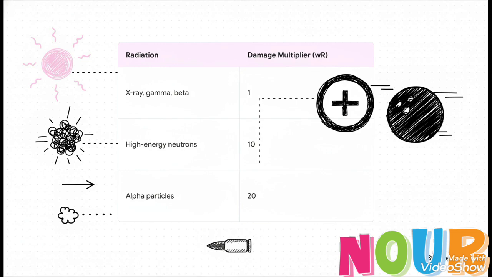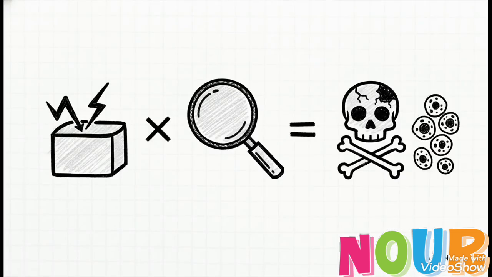Even if they have the same energy, the impact is going to be very, very different. And the good news is, the math is super simple. You just take the physical dose in grays, multiply it by that damage factor for whatever type of radiation you're dealing with, and boom, you get the biological risk in sieverts. This one simple step puts all the different types of radiation on a level playing field, which lets us accurately figure out the total risk.